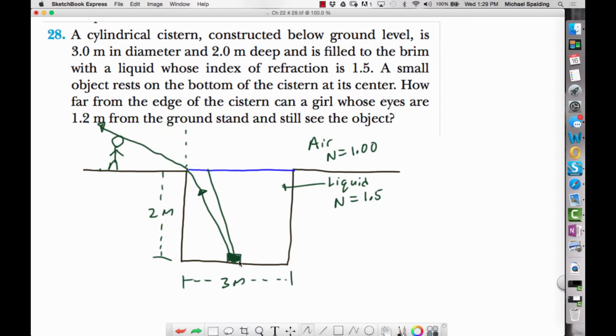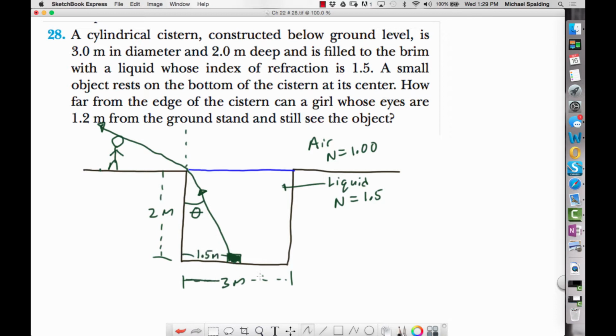Okay, so we're focusing on this ray right here that leaves the object, goes to the air-liquid boundary, refracts, and barely makes it to her eye. The first thing we have to do is calculate this angle right here, which we can get because we know that this right here is 1.5 meters. It's half the diameter of the bottom.